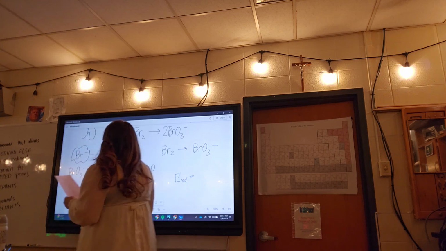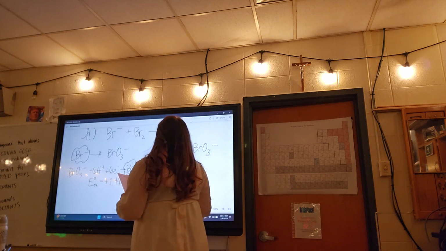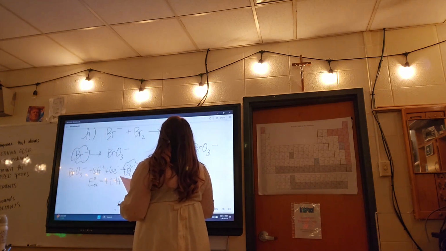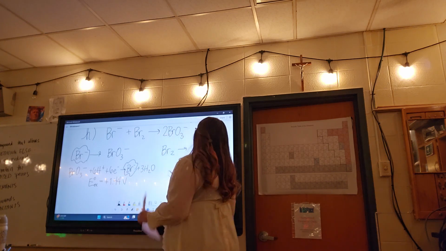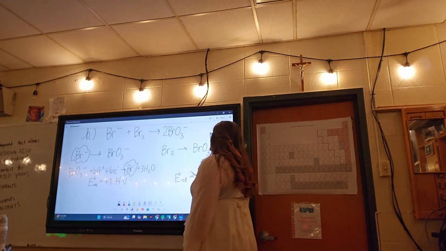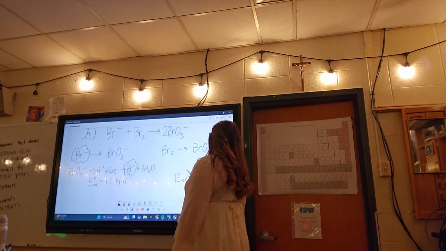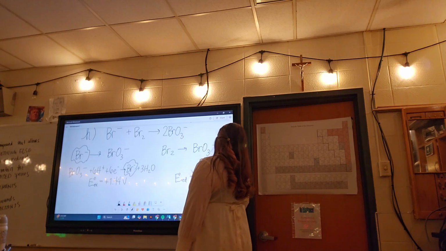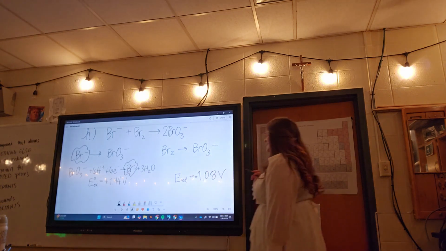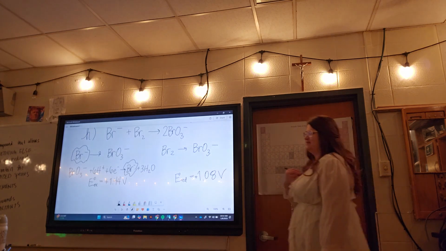Oh, why don't you do that one? I'm an idiot. Shoot. I don't know what I'm doing. So let's just use 1.08 and call it a day. Let's pretend we found it. My bad.